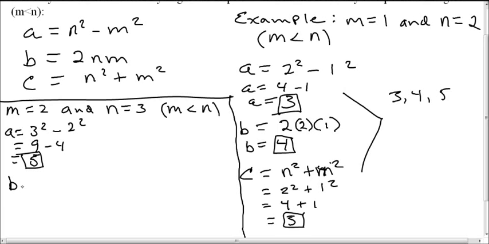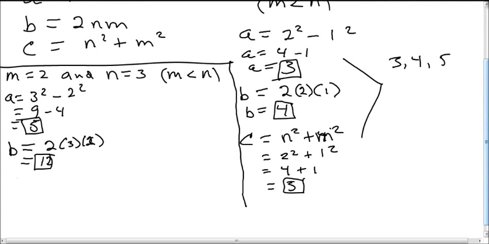So let's take a look and see how we find b. It says b is equal to 2 times n, which is 3, times m, which is 2. So here I'm looking at 2 times 3, which is 6, times 2, which is 12. Now let's see how we find c.